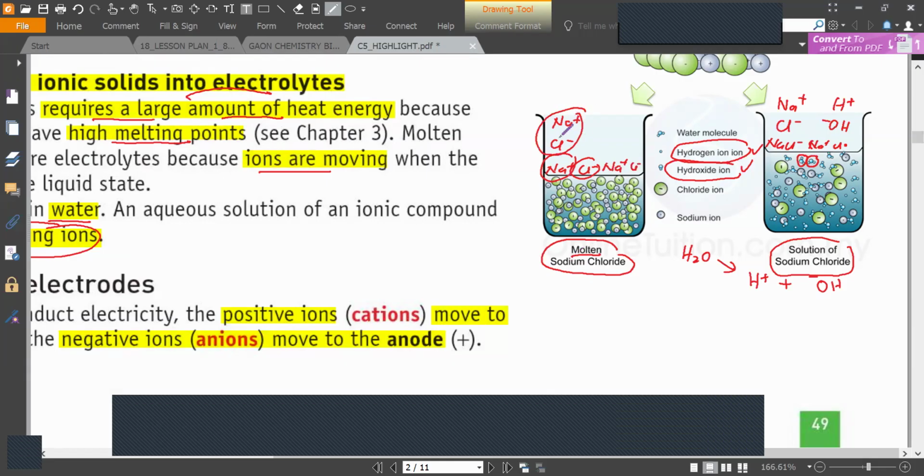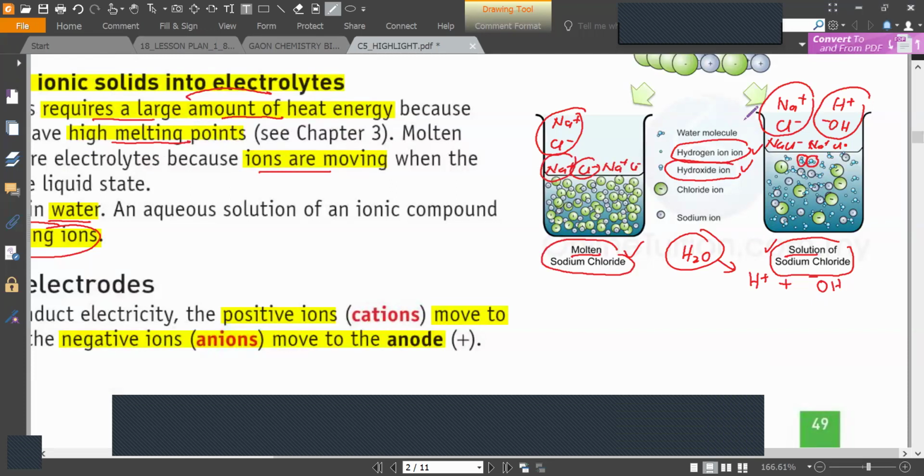We just melt it, no water. In the solution, there will be water, which will produce another two ions: sodium ions, chloride ions, and also hydrogen ions and hydroxide ions. This is the difference between molten and solution.